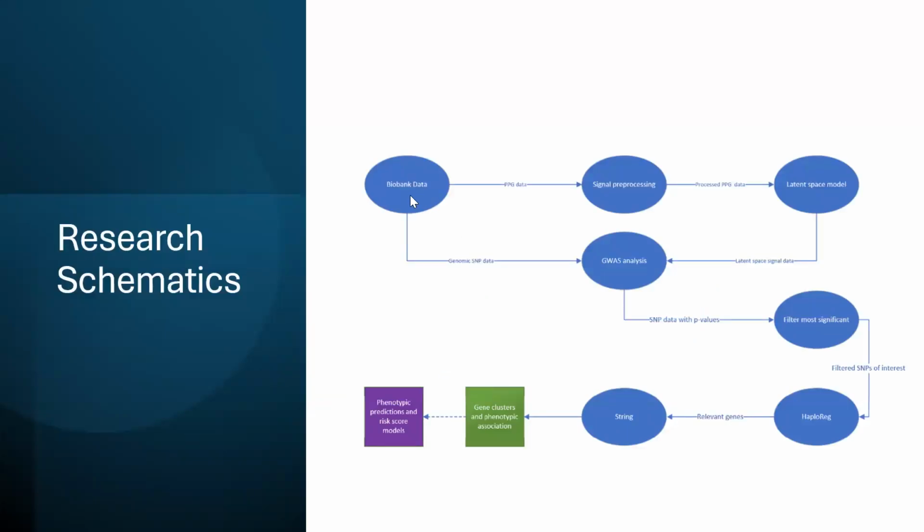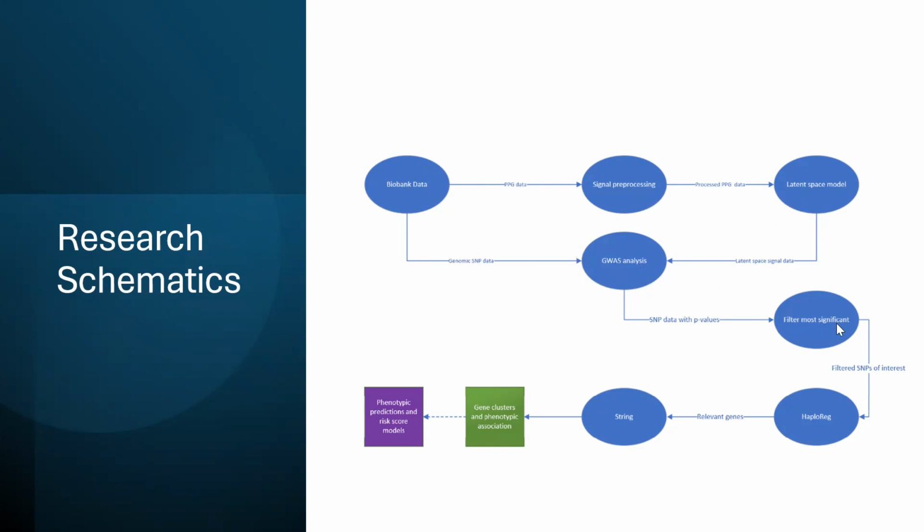So the whole procedure is: we take data from the biobank, we do a signal processing stage, we take the latent space model, and with the genomic data that we also took from the biobank, we insert it into a GWAS analysis. After we finished this GWAS analysis, we got SNPs with p-values.